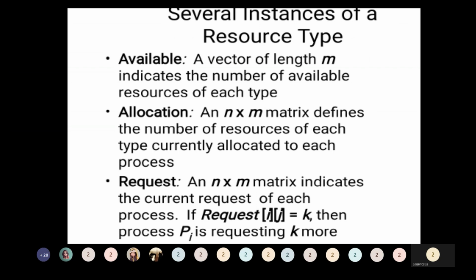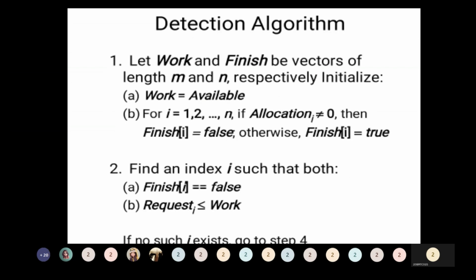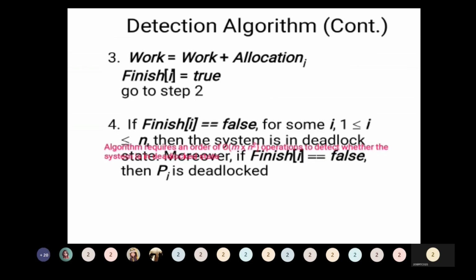The same data structures you are going to take: available, allocation and request. Now the same safety algorithm, work and finish, is going to work in the same way. If finish of i equal to false for some i, where 1 less than or equal to i less than or equal to n, then the system is in deadlock.